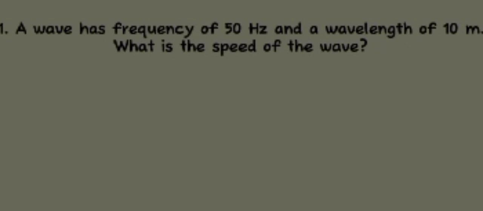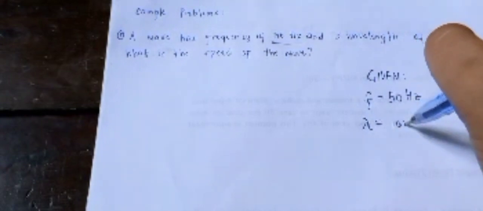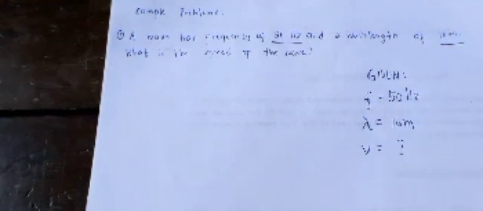So we have here 3 sets of problems. Number 1, a wave has a frequency of 50 hertz and a wavelength of 10 meters. What is the speed of the wave? To solve this, we will first write the given. Frequency is equal to 50 hertz, wavelength is equal to 10 meters, and the unknown here is the wave speed.